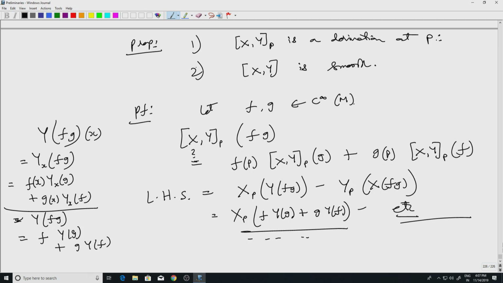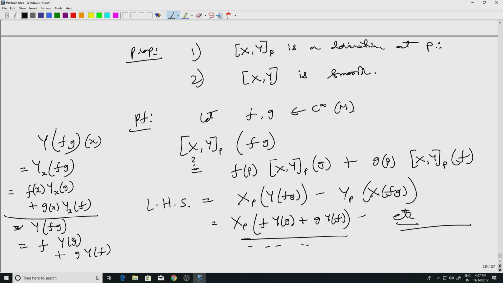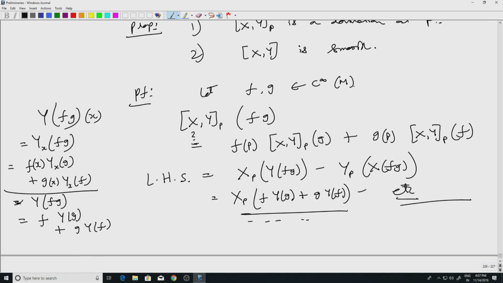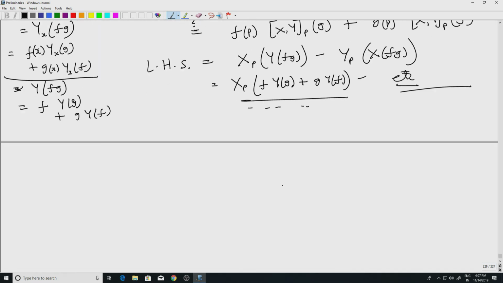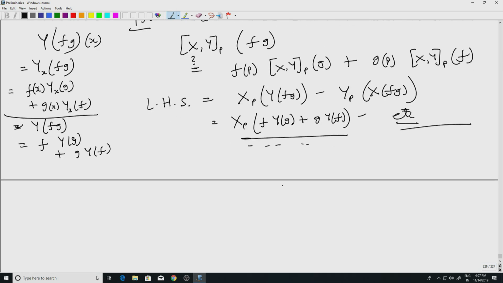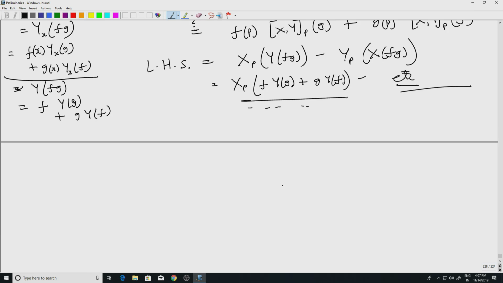So now, as for smoothness, instead of using local coordinates, one just goes by the definition of smoothness. One has to look at this [X,Y].